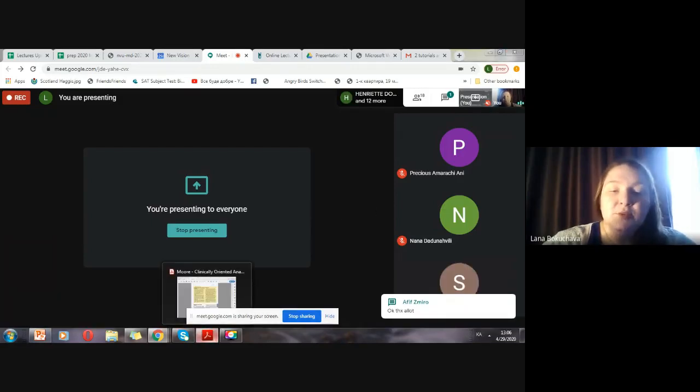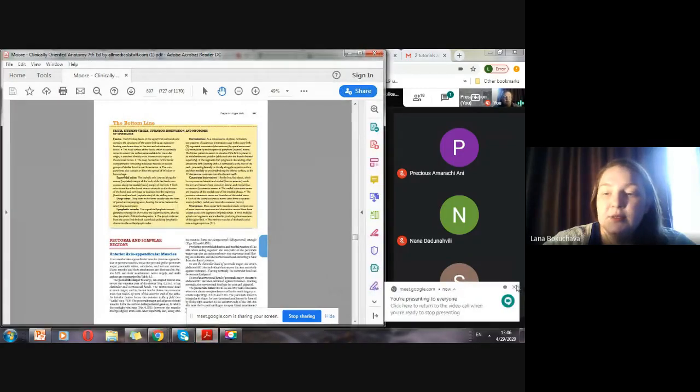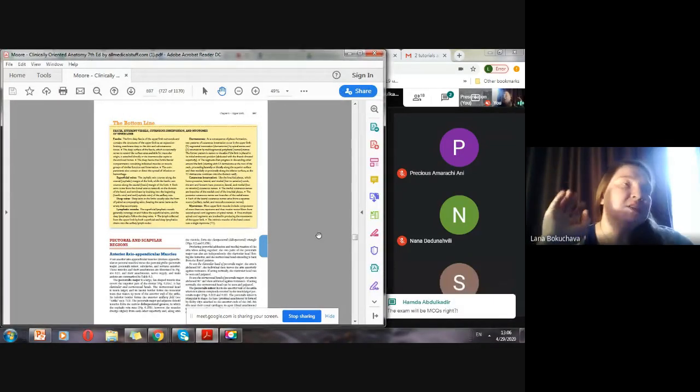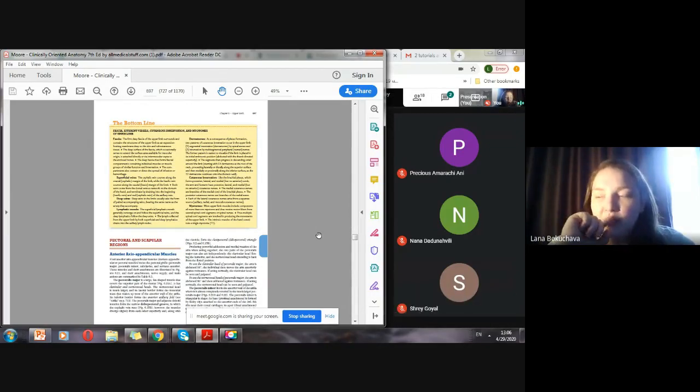Okay, I do believe we can start already. And again, what I was saying was that, as you remember, when we were talking about the muscles of the back, I told you one important thing. I told you that although the muscles of the back are literally localized there, according to their function, not all of them represent the movement of the back itself, so particularly of the vertebral column.